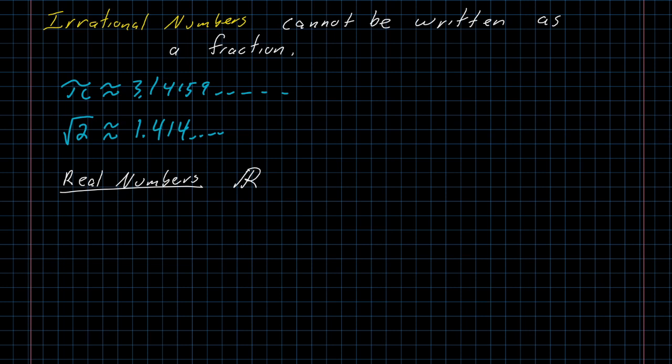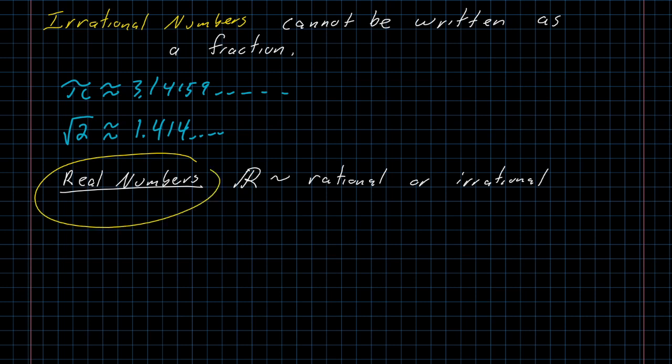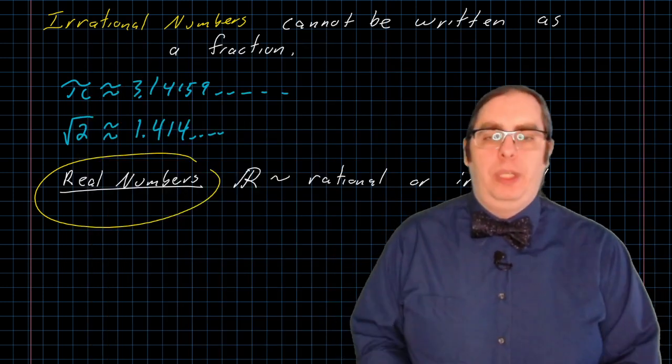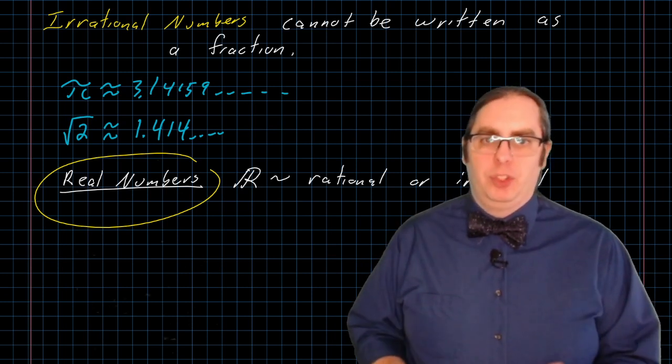The set of real numbers is given using a Blackboard bold R. And the real numbers are the union, the combination of the irrational numbers and the rational numbers. The real numbers are the set of numbers that we deal with in algebra. The real numbers give us most of the tools we need for work in algebraic structures.